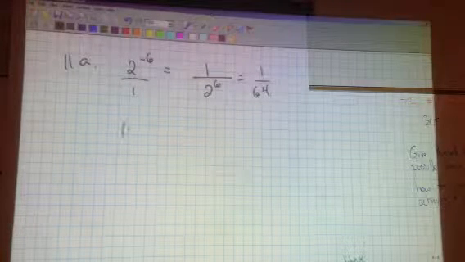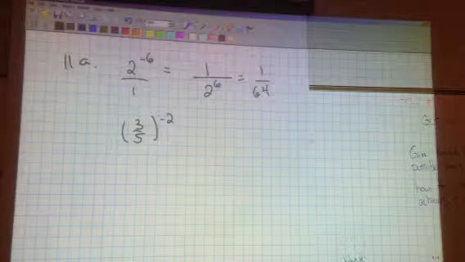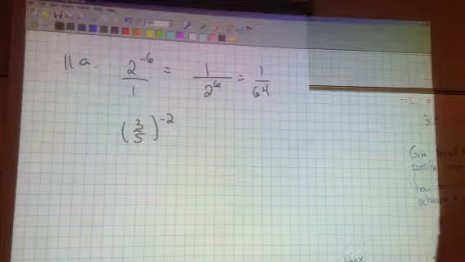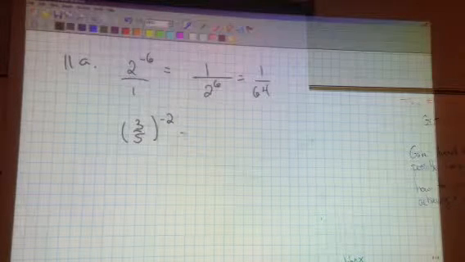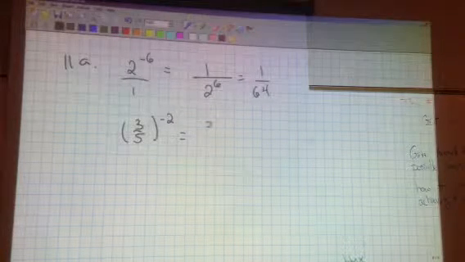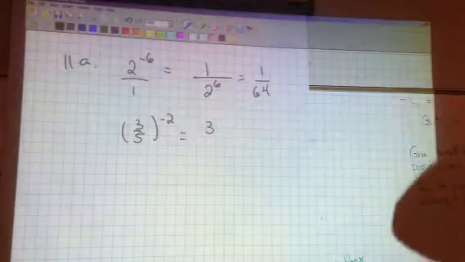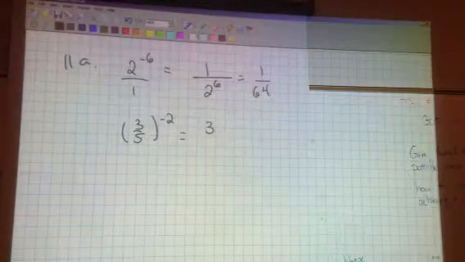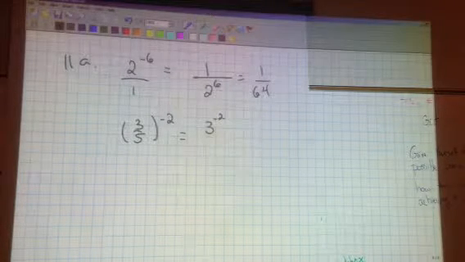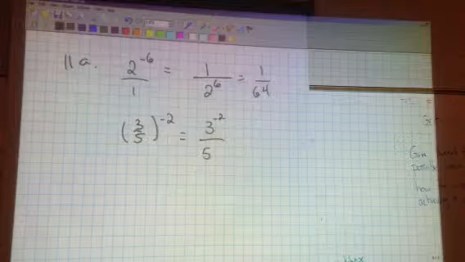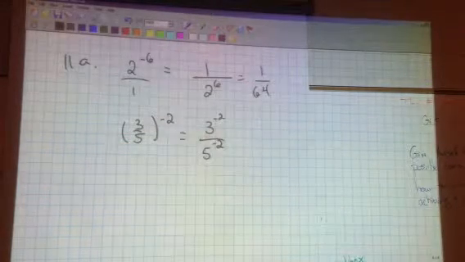And then it says evaluate 3/5 to the negative 2. Now, you can use the negative exponent property right now, or you could go ahead and square it first, but let's do the negative exponent right now, which you can just flip this fraction and write it as 5/3. Or if you want to use the power rule, you can think of this as 3 to the negative 2 over 5 to the negative 2, because these are both being raised to that exponent.